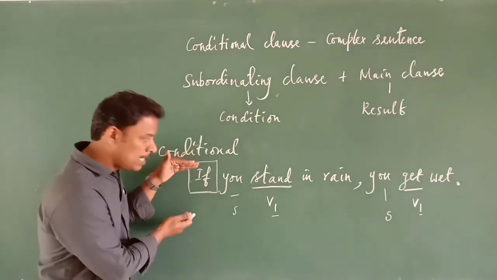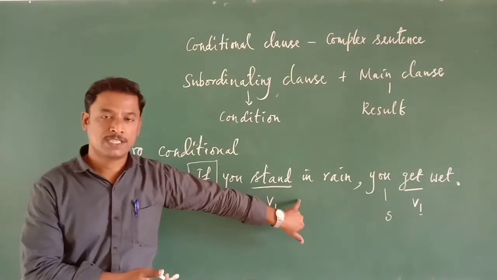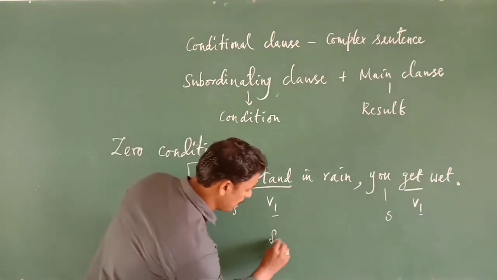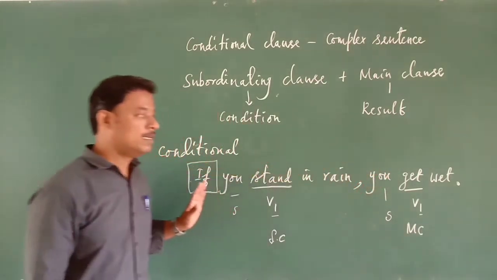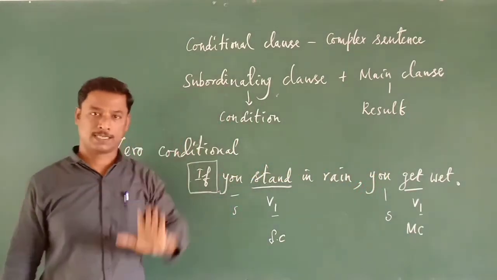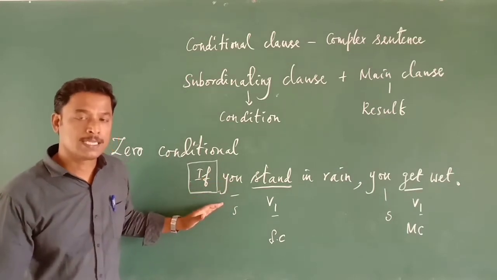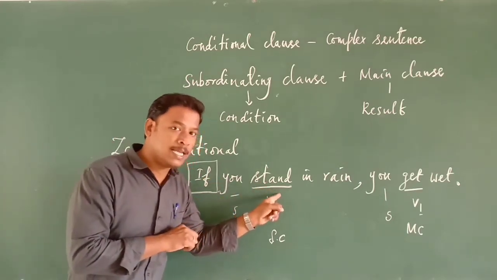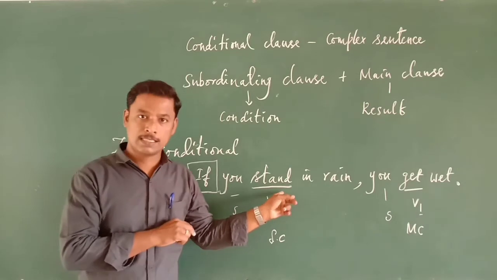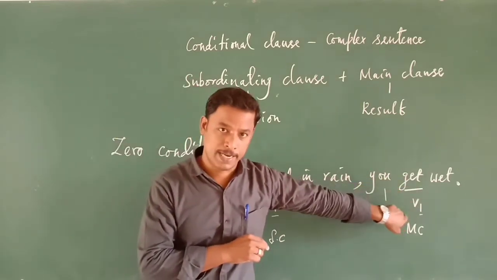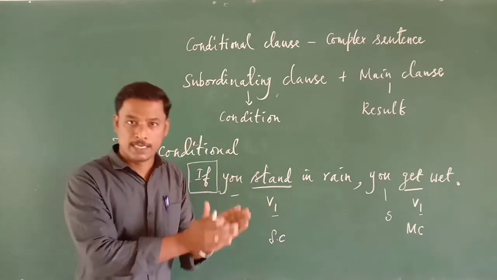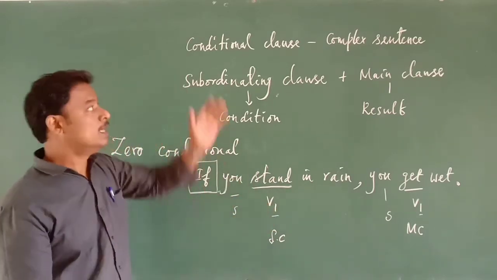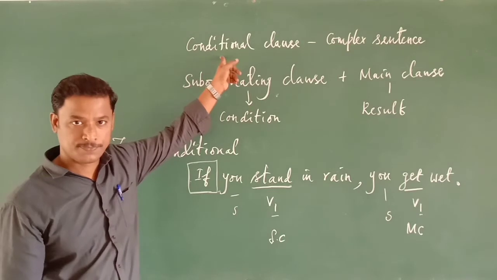So this sentence has two parts. The first one is the subordinating clause. The second one is the main clause. So this is called a complex sentence. This complex sentence has a condition in the subordinating clause and a result in the main clause. So this type of complex sentence is otherwise called a conditional clause.